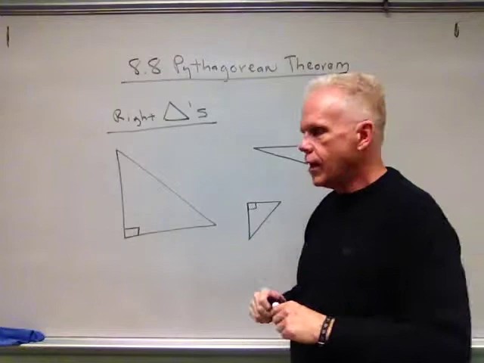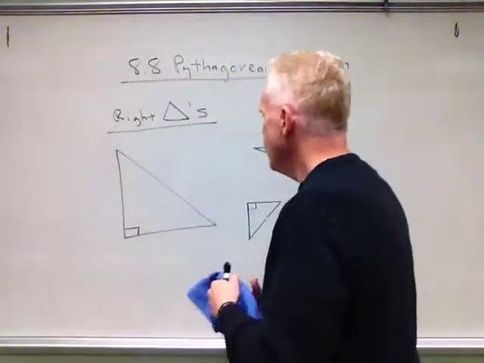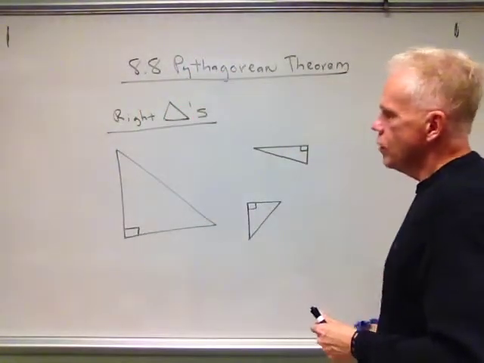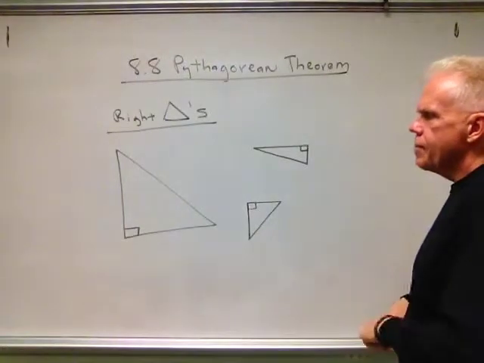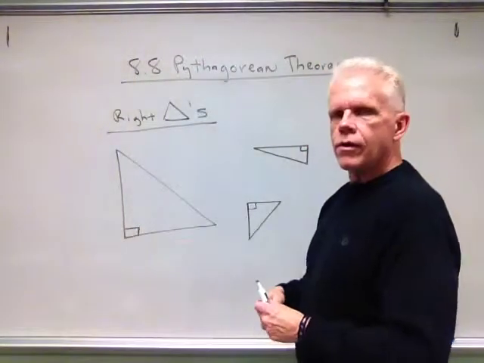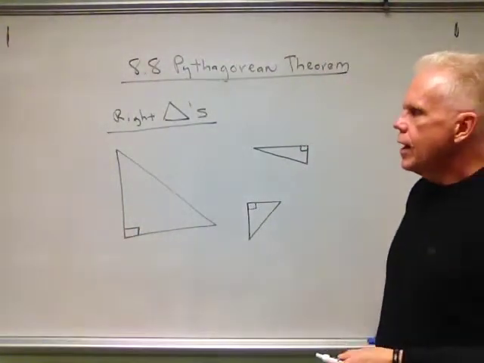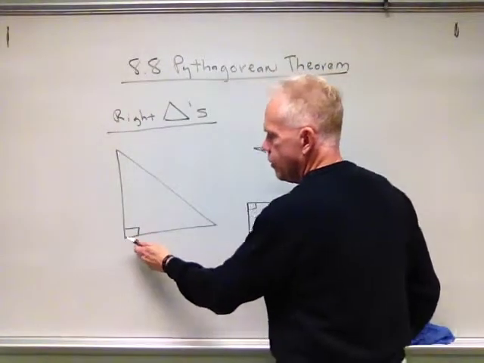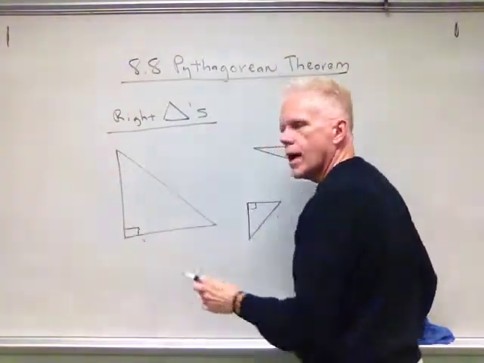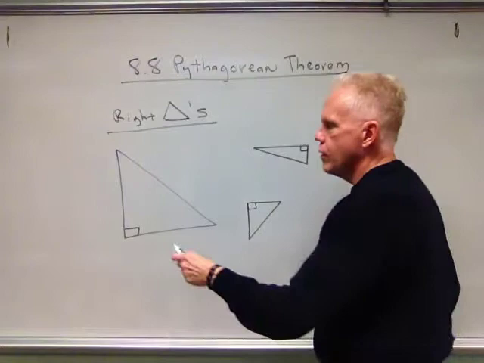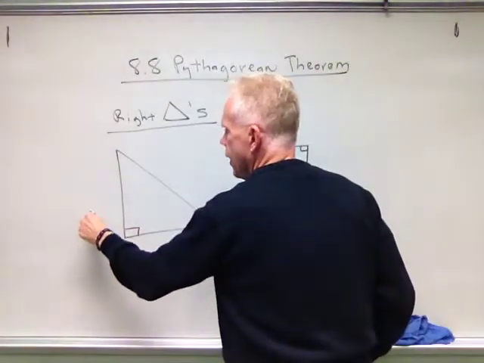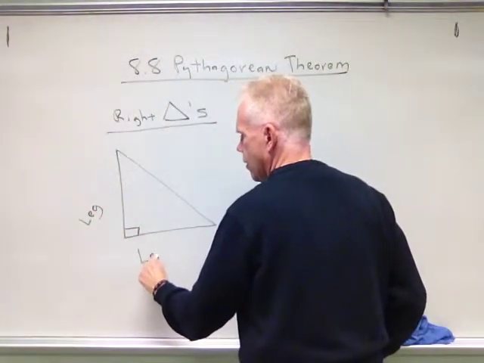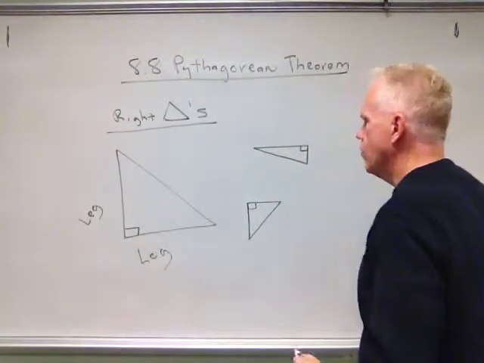Now, with right triangles, we need to label some pieces so you'll know what we're dealing with. We'll just label this larger one right here. The sides that come off the right angle on the right triangle are called legs.